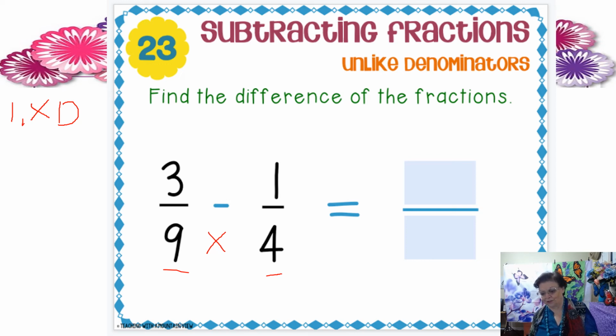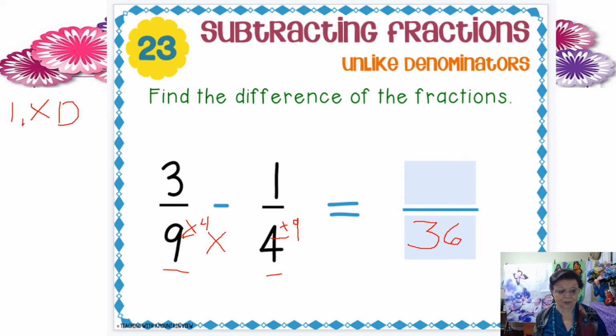Remember how we learned to use our fingers to do our 9s? 9 times 4 is 36. Now, when I multiplied this 9, I multiplied it by 4. And this 4, I multiplied it by 9. So you're just going to put the other denominator as your multiplication.